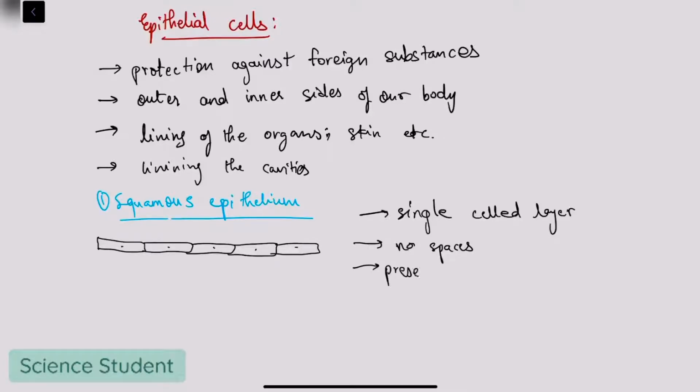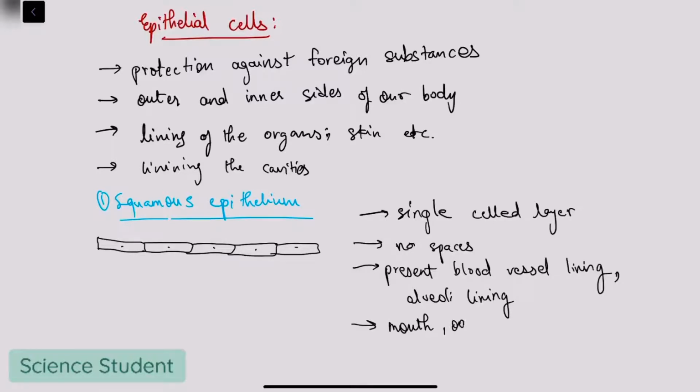They are present as the blood vessel lining or the alveoli lining. Mainly they are present wherever there is a function of absorption. They are also present in the lining of our mouth and esophagus.